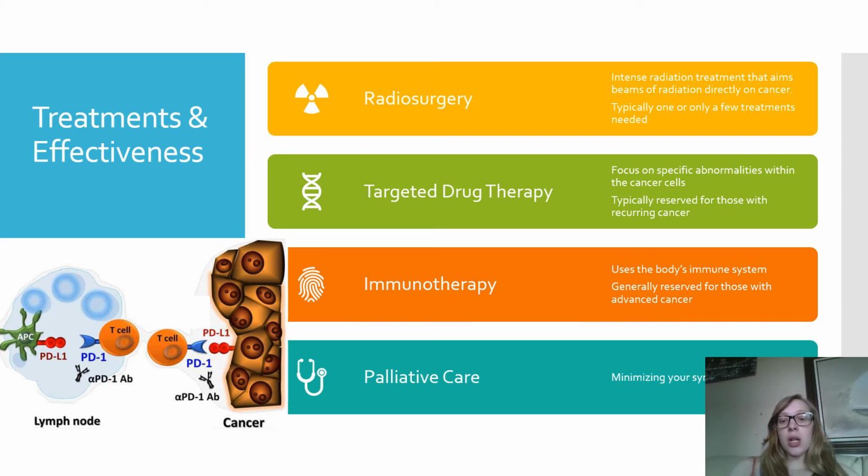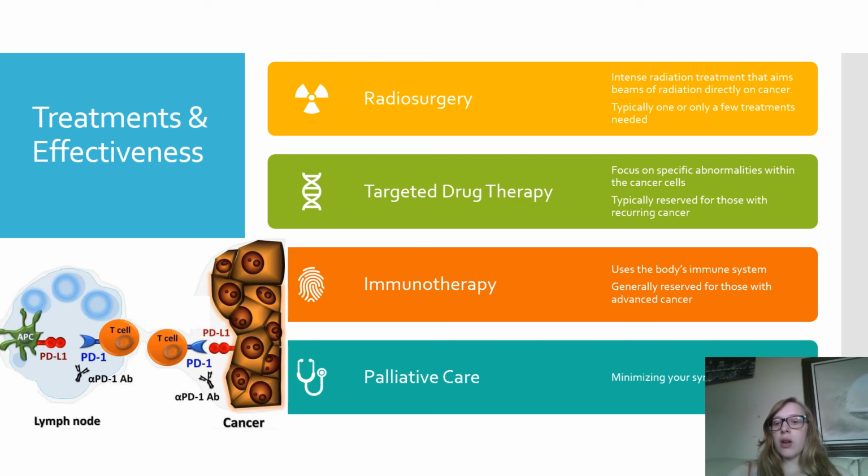There's also targeted drug therapy, which focuses on specific abnormalities with the cancer cells, for example if it has mutated. It's typically reserved for those with recurring cancer or advanced cancer because they're more than likely the ones with the abnormalities.